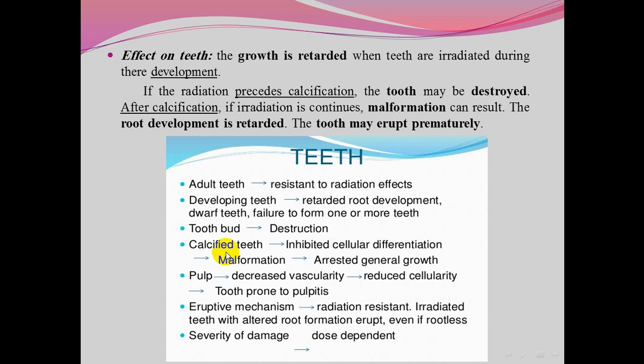Radiation-resistant irradiated teeth will have altered root formation and erupt even if rootless. Okay, the severity of the damage is dose dependent, depending on the dose and the dose rate.